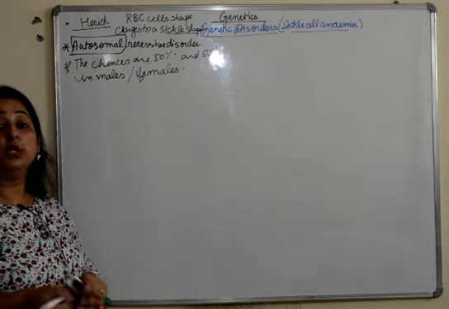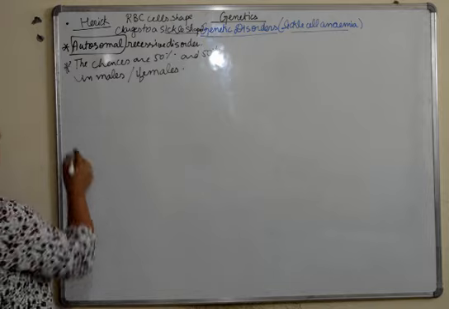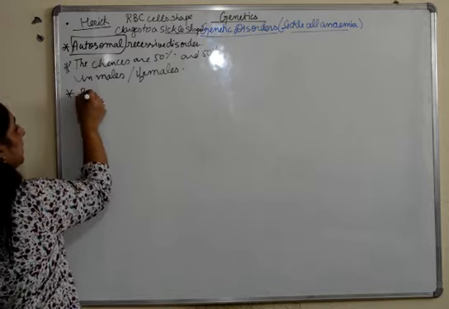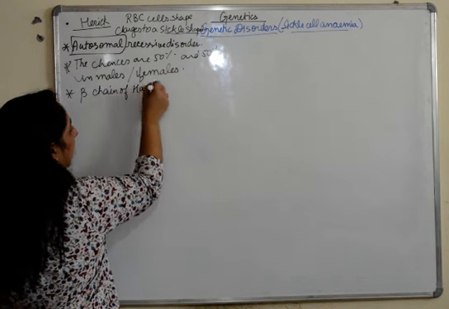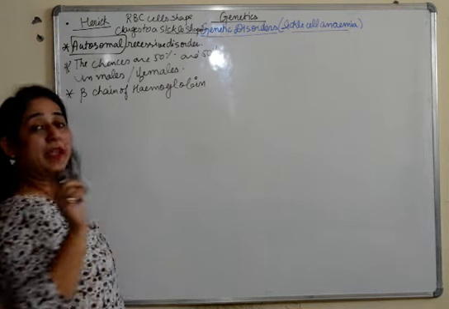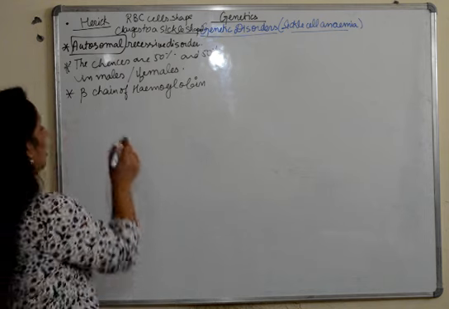Now moving on to what basically occurs here. The change which is going to occur here is on the beta chain of hemoglobin. The beta chain of hemoglobin molecule will undergo this change.